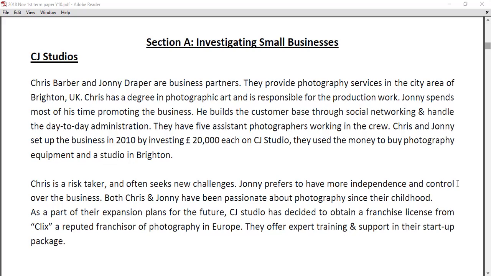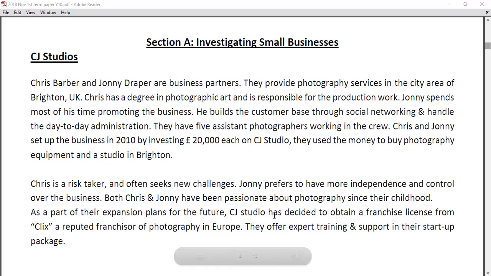Financial objectives are survival, profit maximization, market share maximization, and so on. Non-financial objectives are independence, control, customer satisfaction, social welfare, like that. So when some questions come, you can use this. His preference for independence and control is a non-financial objective of the business, right?